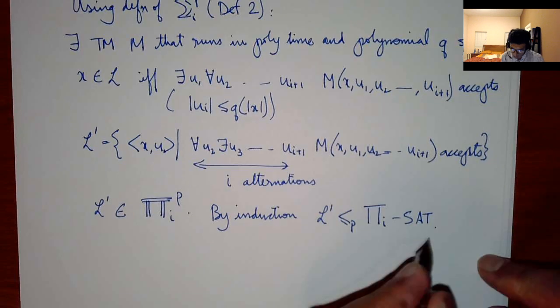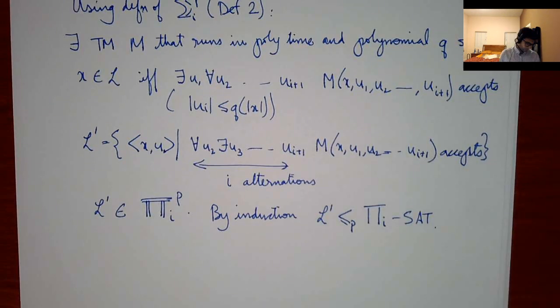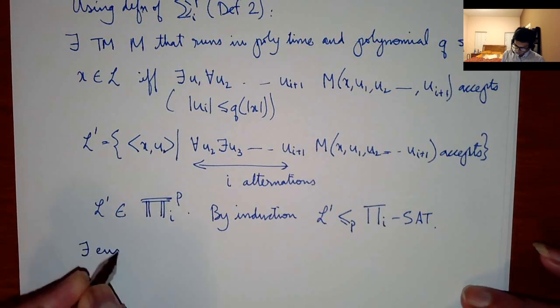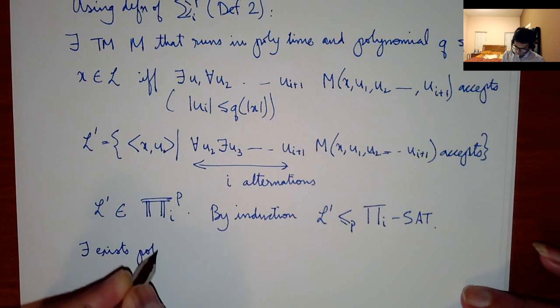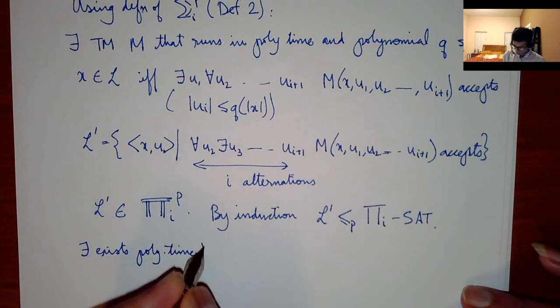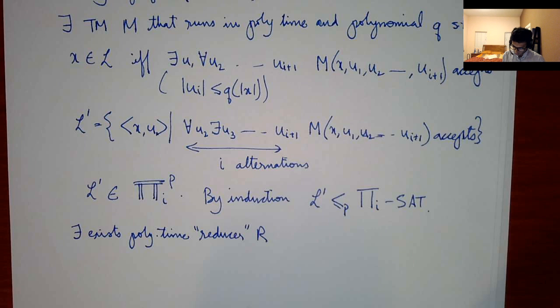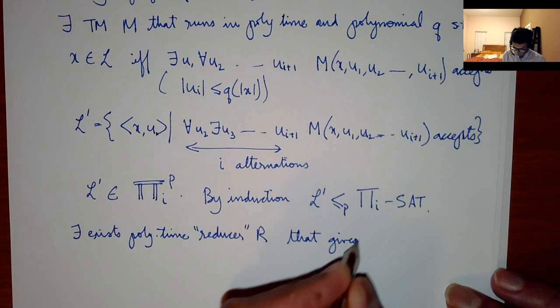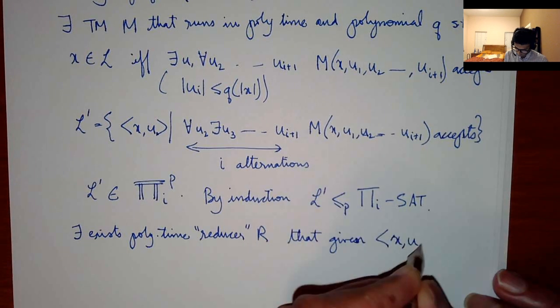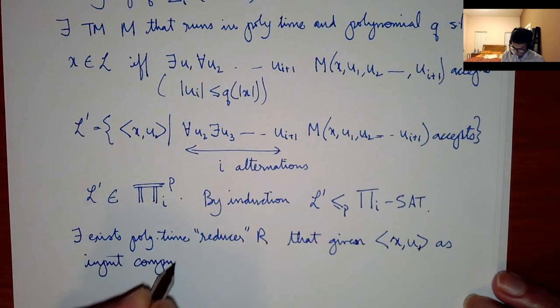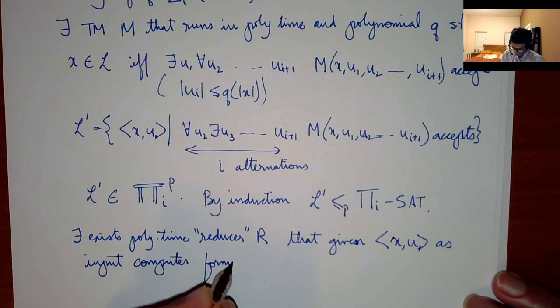Okay, now let's look into what this means. It means that there exists a polytime reducer R that, given x u1 as input, computes a formula, I'll call it pi x u1.